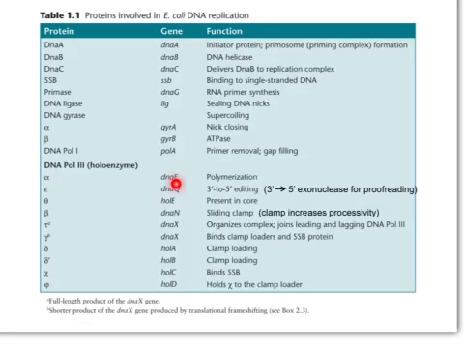So DNA E is the actual polymerase activity itself, but I want to draw your attention to DNA Q, which is an enzyme activity associated with the holoenzyme, and it has a 3' to 5' exonuclease activity.